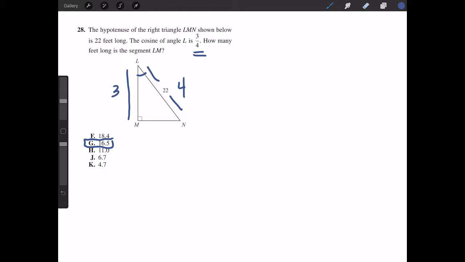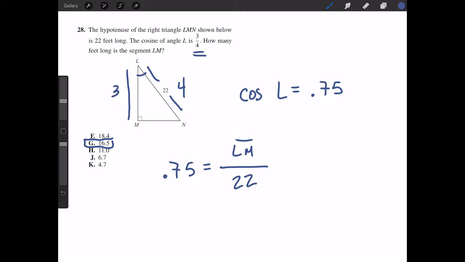Well, if you know that the cosine of angle L in this case is equal to 0.75, because that's how much 3/4 is, then you simply do the following. You say, okay, cosine of L, which is 0.75, is equal to the adjacent side, which is the segment I'm after, divided by the hypotenuse, which is 22.